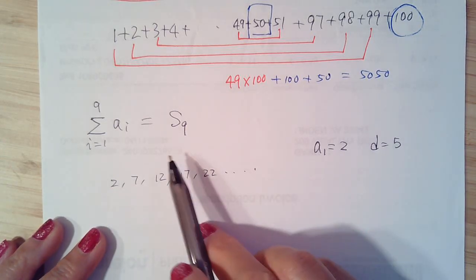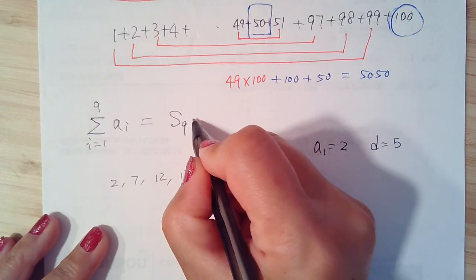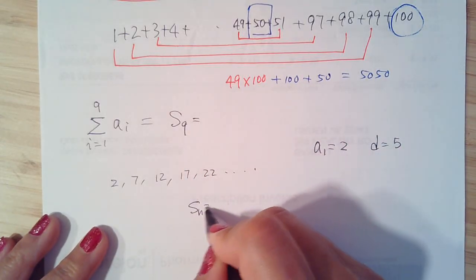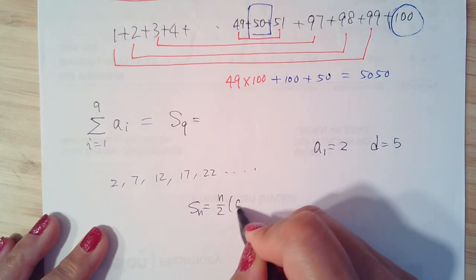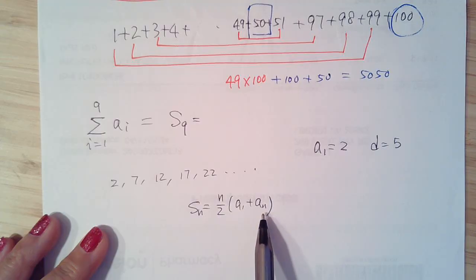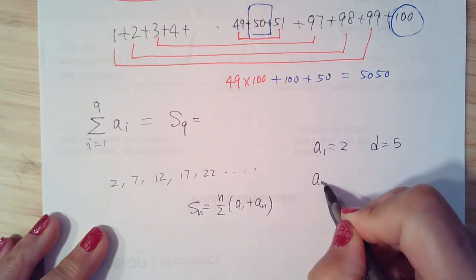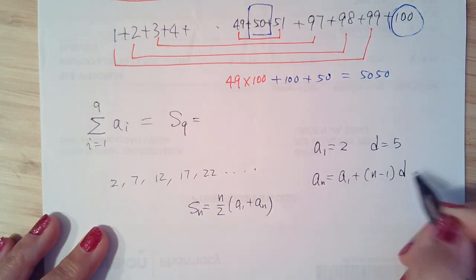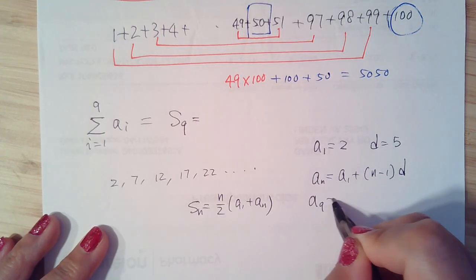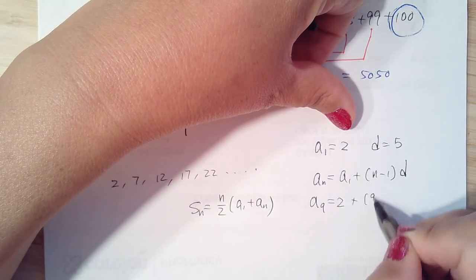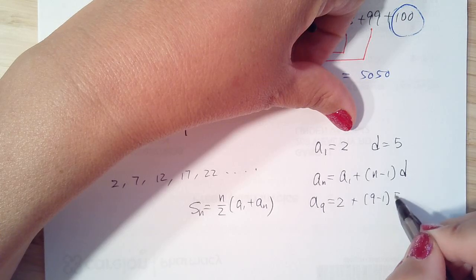And remember, if I ask you for S9, the answer should be: Sn is n over 2 times the first one and the last one, isn't it? So I need to get an. In this case, n is 9. So for an, you remember the formula is a1 plus (n minus 1)d. Therefore, a9 will be, okay, the first term is 2, and then 9 minus 1, and d is 5.